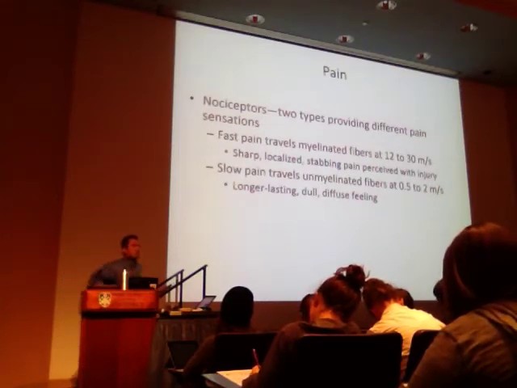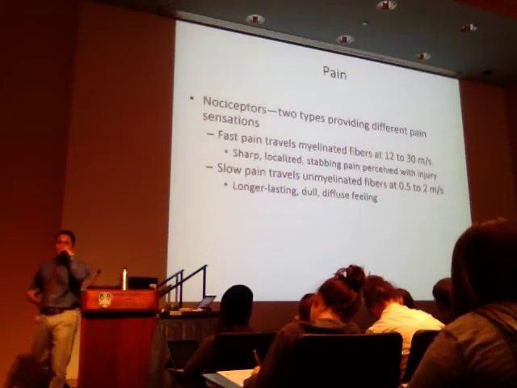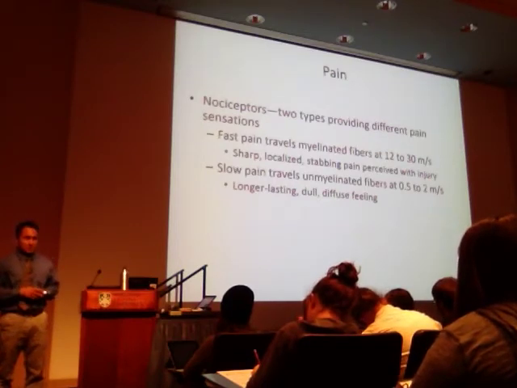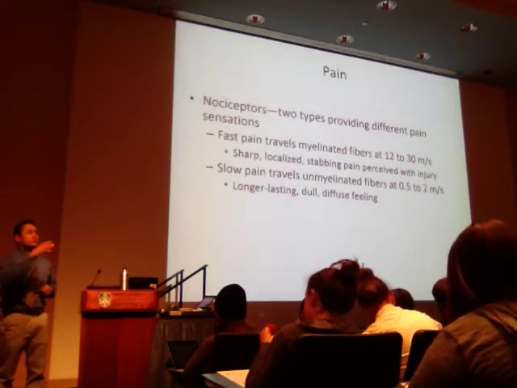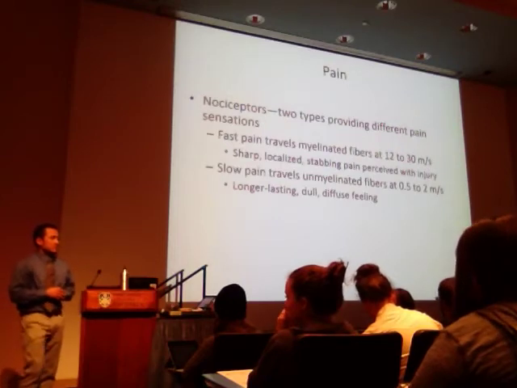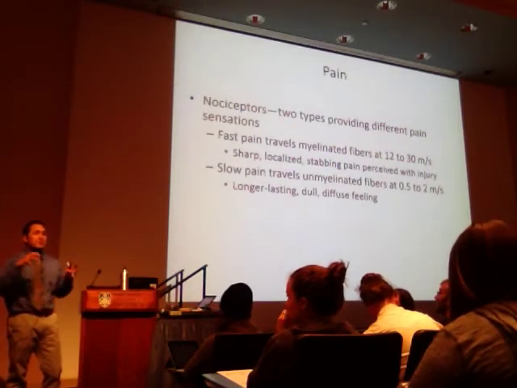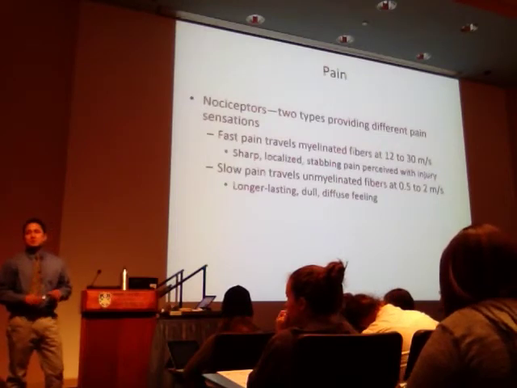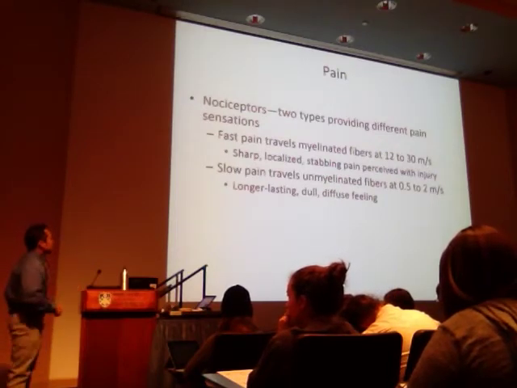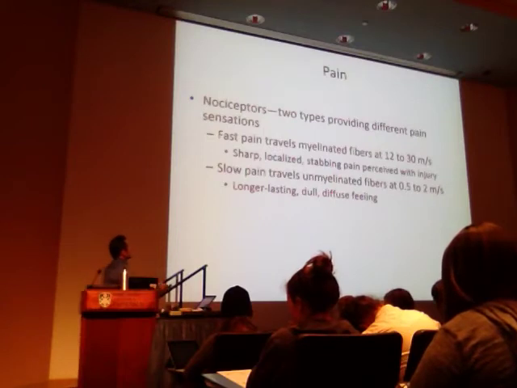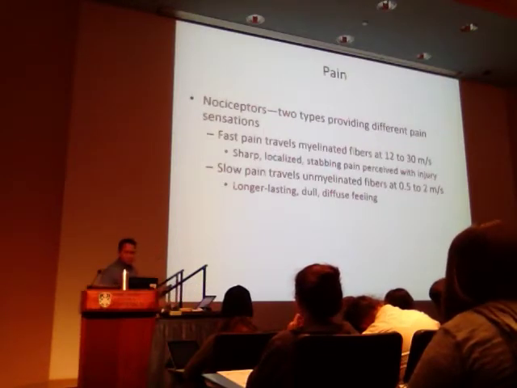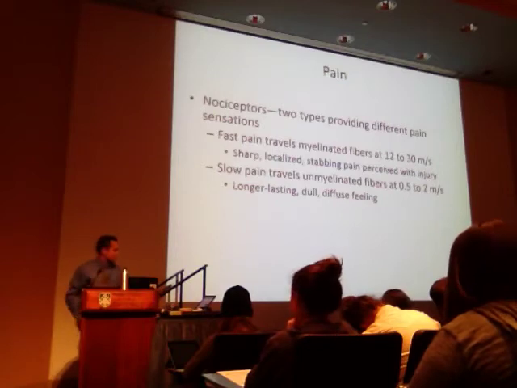It kind of hurts all over. But if you have more of a stabbing pain, like your appendix is about to rupture, you know exactly where that location is, right? Or if you just tore your ACL, that's not a dull pain. That's a very sharp type of pain, and you know exactly what's taken place. Toothaches are usually more dull, diffuse feeling. These guys are unmyelinated fibers, so they travel slower, 0.5 to 2 meters per second.